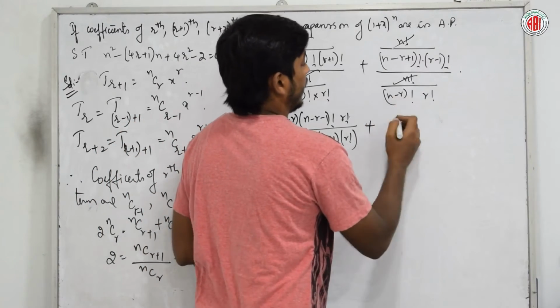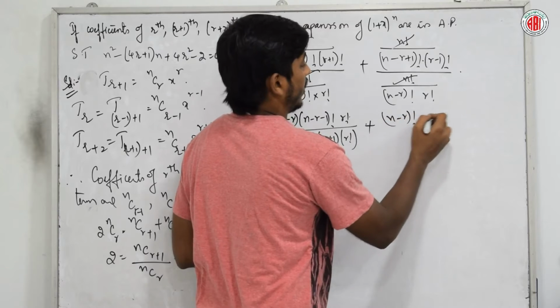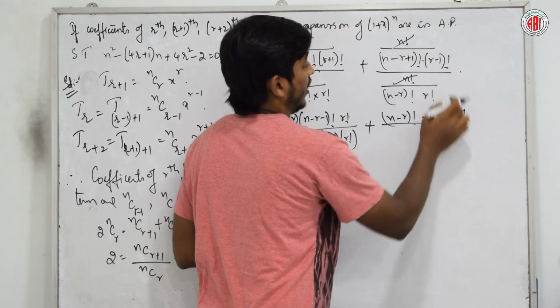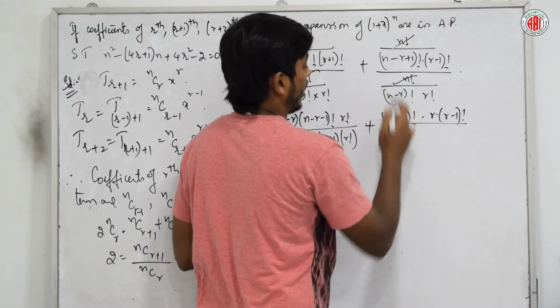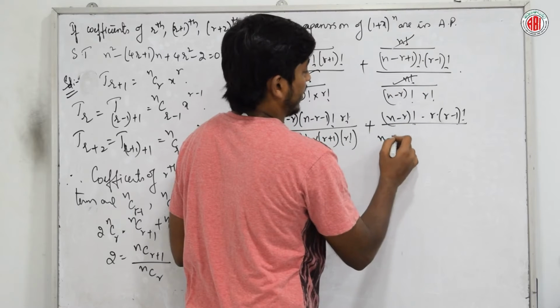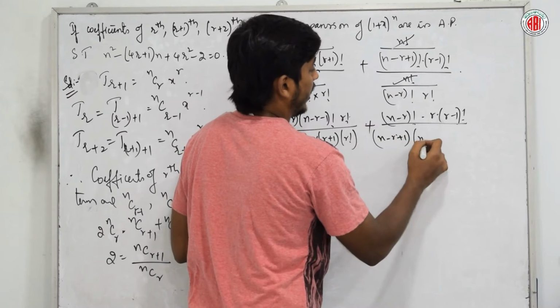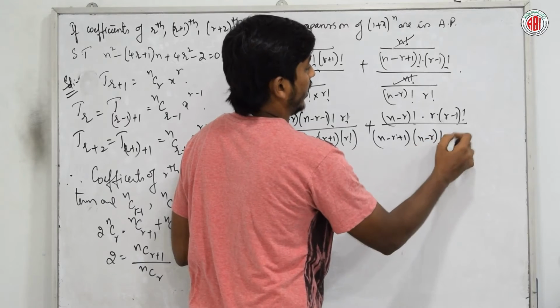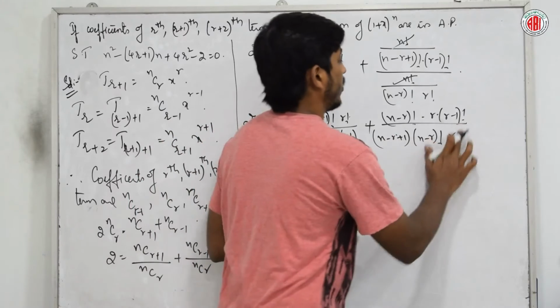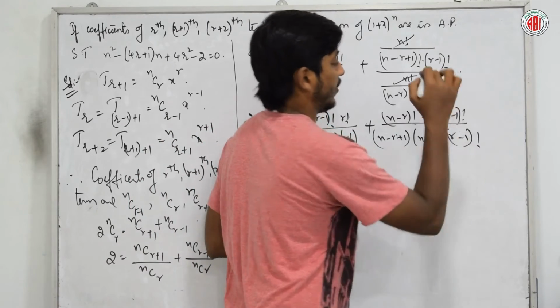Here plus (n minus r) factorial into (r minus 1) factorial, why? Because this is r minus 1. Here n minus r, here it is n minus r plus 1. This is (n minus r plus 1) into (n minus r) factorial into r factorial. Isn't it? Yes or no? (r minus 1) factorial.